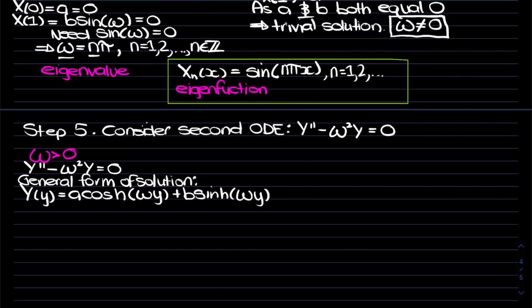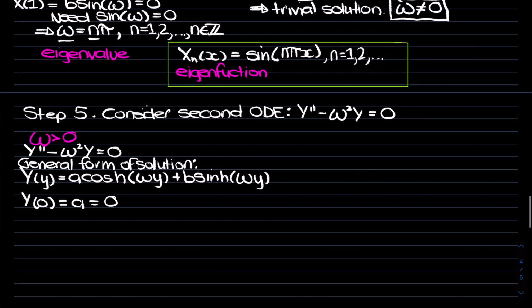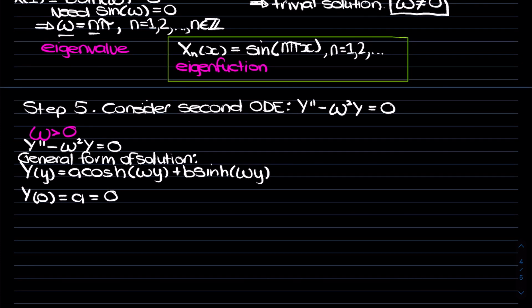So if we put in the one homogeneous condition that we have, which is when y equals 0, we just get that a, because the hyperbolic sine will vanish, hyperbolic cosine will go to 1, so we just end up with a equals 0. So this is as far as we can take this one, because the condition is non-homogeneous.